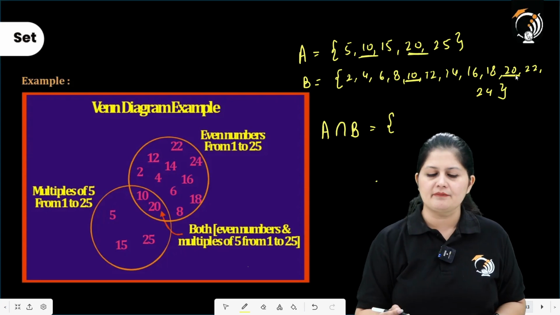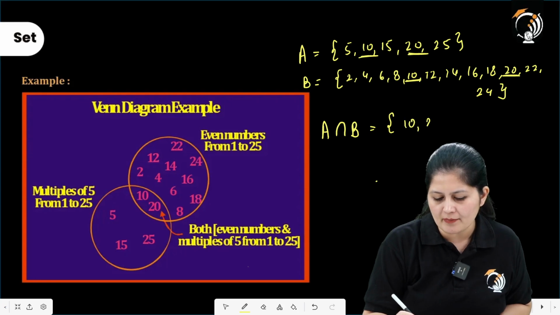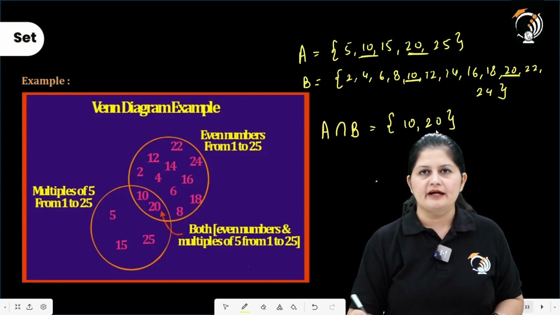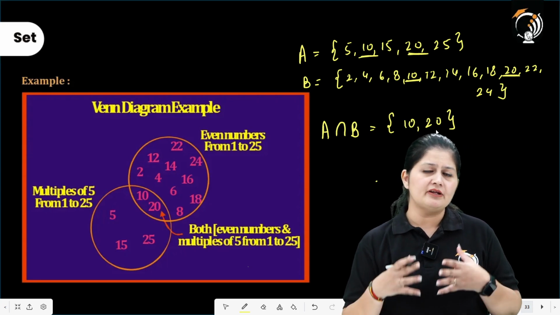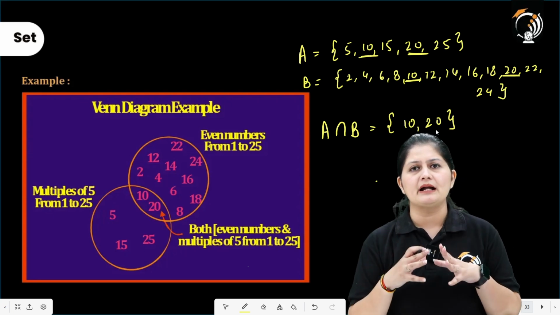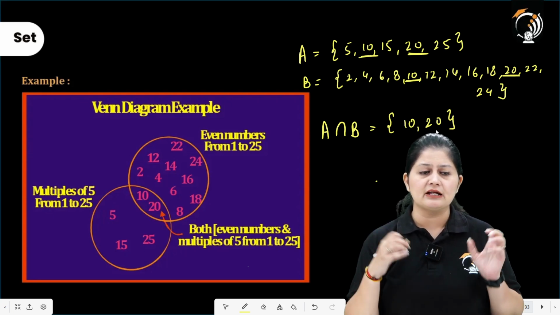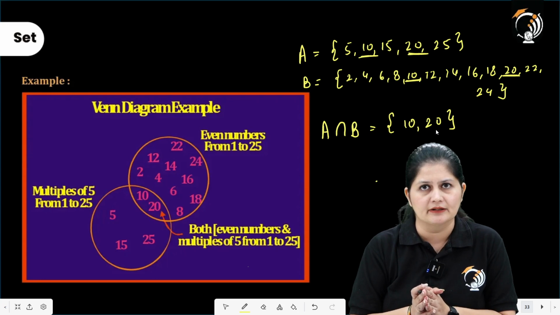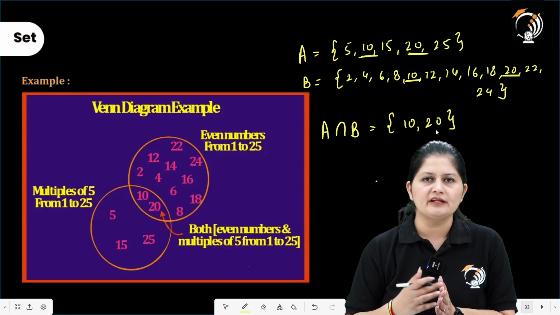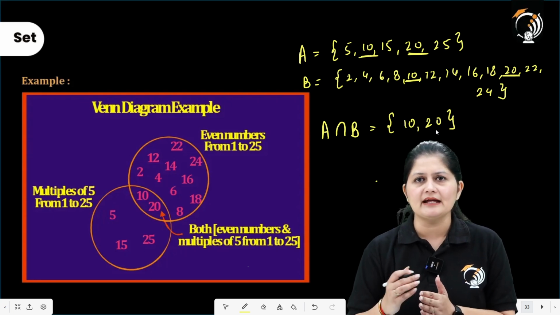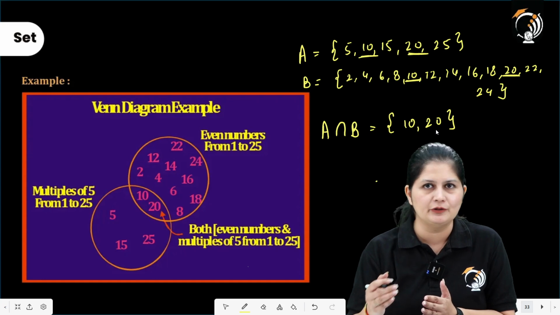If we need to write the combination of sets A and B, we write A union B. In the upcoming questions, we will be understanding A intersection B and A union B.